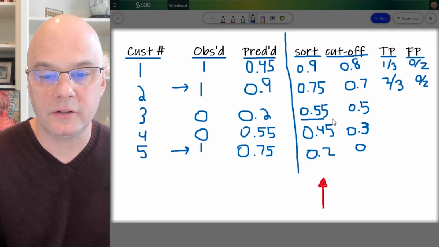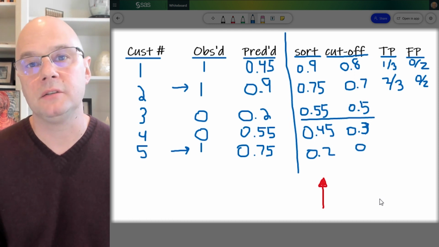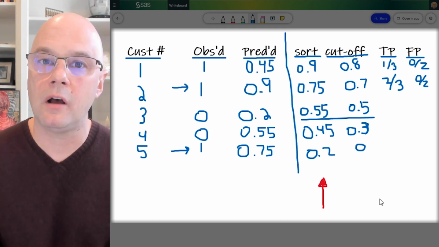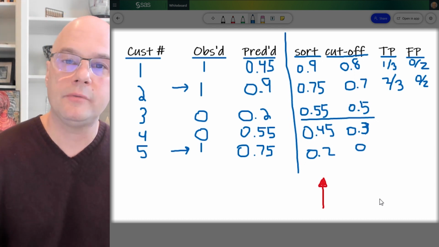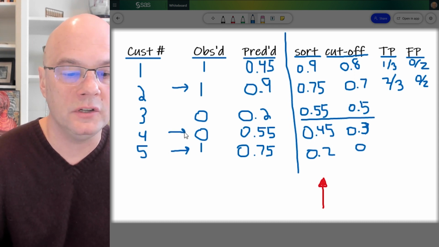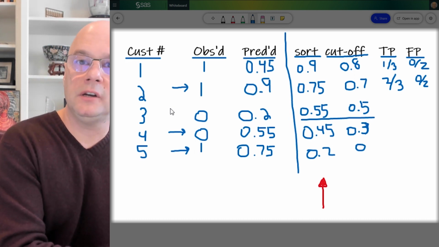In this case, my next cutoff is 0.5, and here's the first time that the model has made an error. At this cutoff, I'm labeling everybody above the cutoff as a 1, but one of the observations I'm labeling, the one that had a predicted outcome of 0.55, historically was known to be a 0.